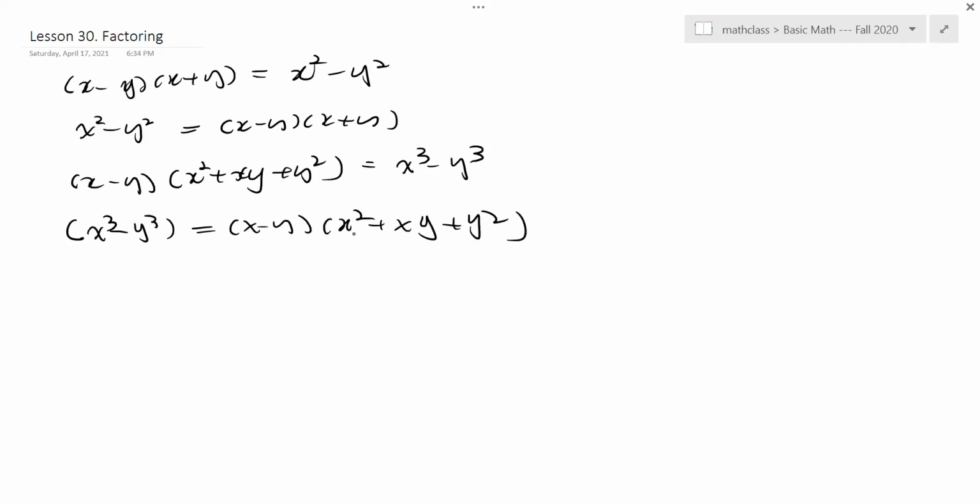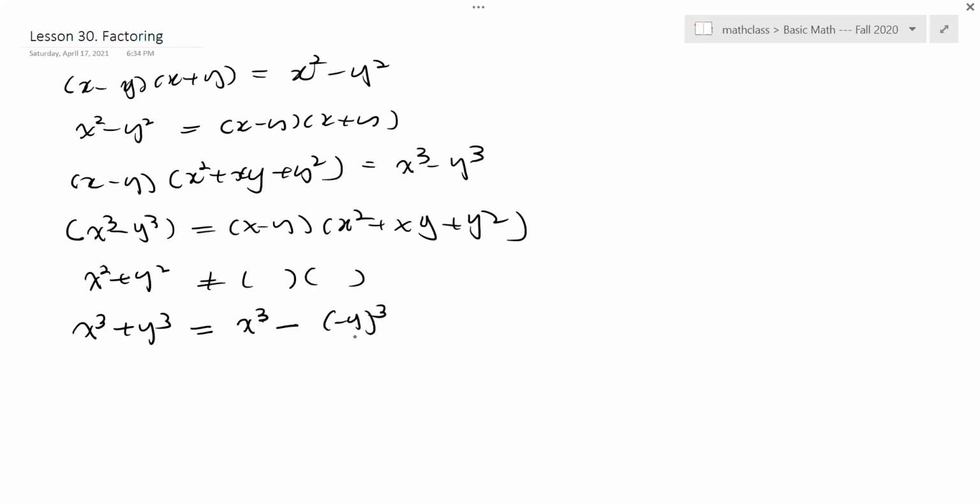Now, you cannot factor x squared plus y squared. This cannot be a product of any two linear terms. However, x cubed plus y cubed, you can express as a product of two terms. How do we know that? The reason is because x cubed plus y cubed is x cubed minus negative y cubed.